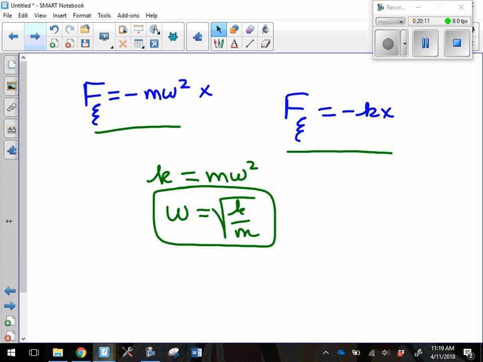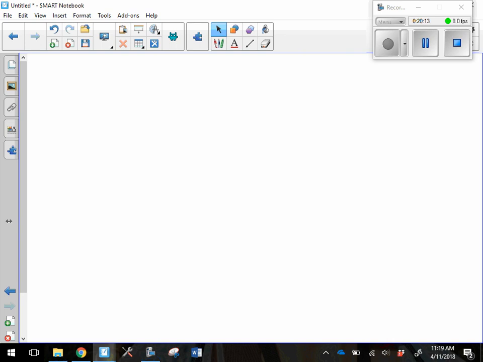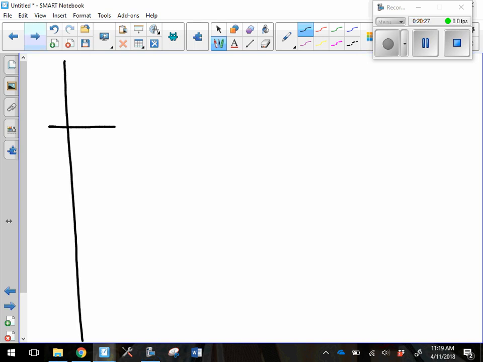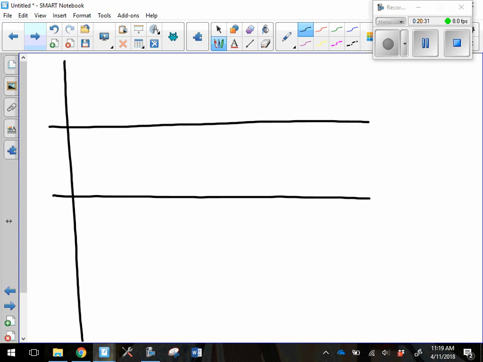And what I want to do is plot these quantities to give you an idea of how they interact with each other. So I'm going to make 3 axes here that are all going to have the same time values.